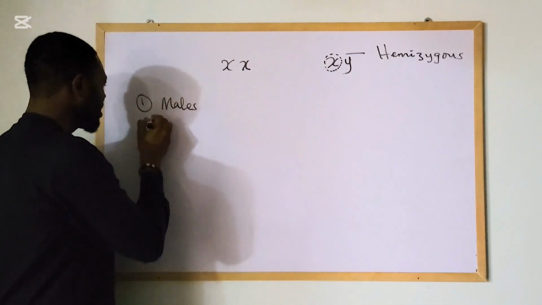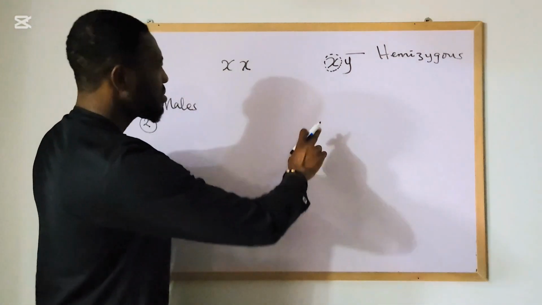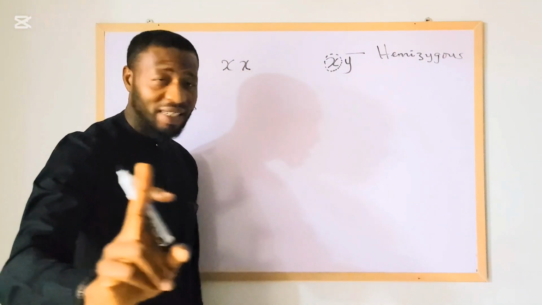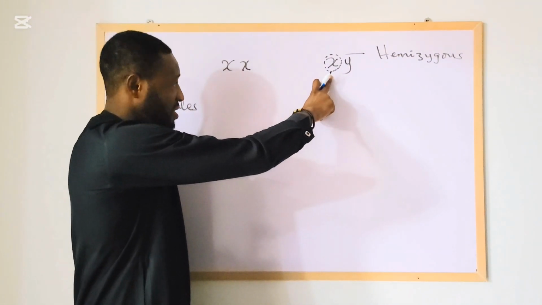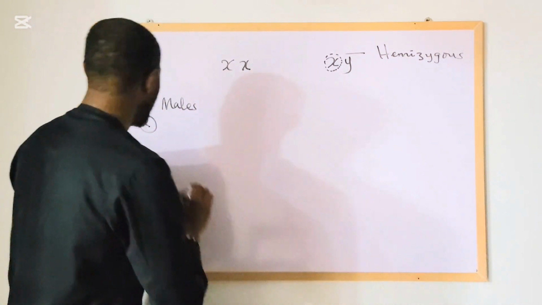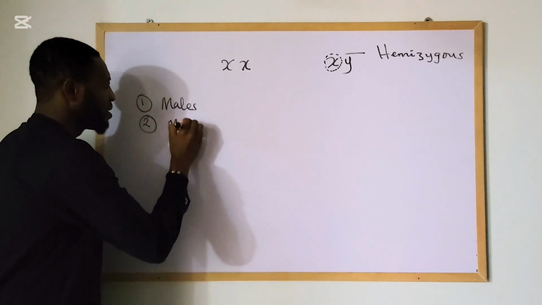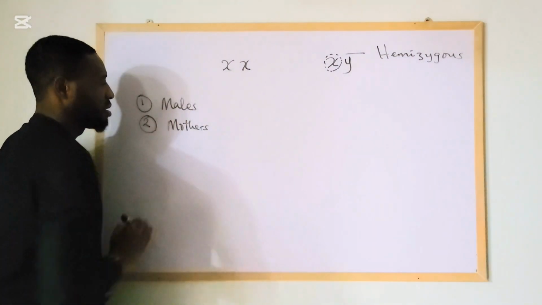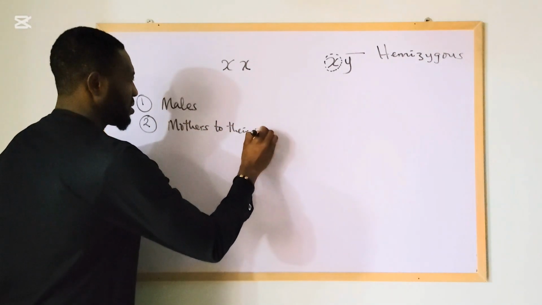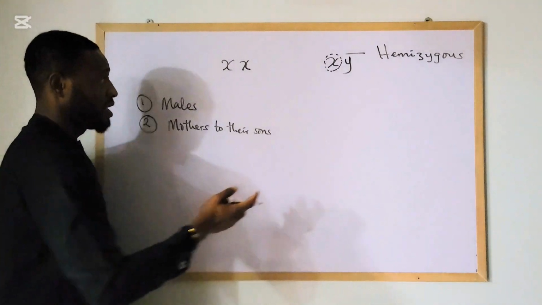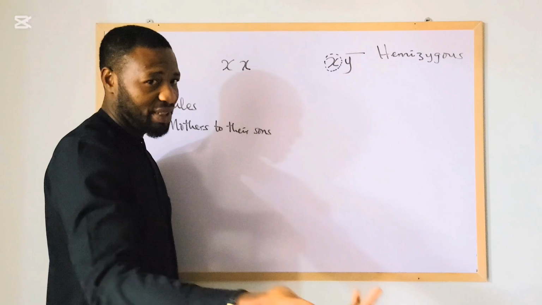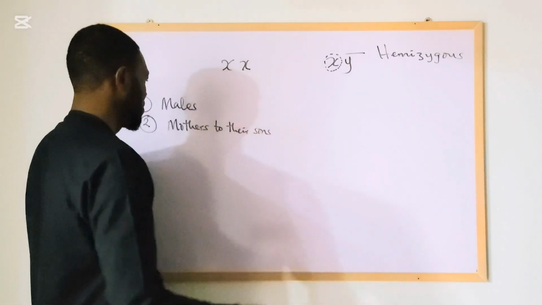And then secondly, because males do not give up their X chromosome to their sons, they will not transmit the defect. So this disease is usually transmitted from mothers to their sons, and of course the defective gene can be transmitted from fathers to their daughters.